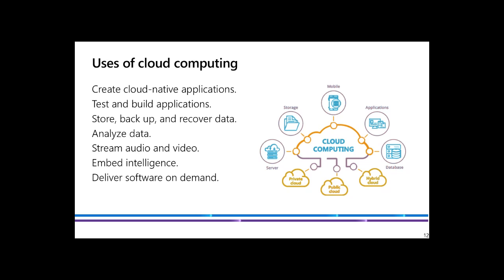You can also take advantage of cloud native technologies and approaches, such as containers, Kubernetes, microservices architecture, API-driven communication and DevOps. Almost all of the software companies, even in Sri Lanka, use these kinds of services. And the second one is test and build applications.